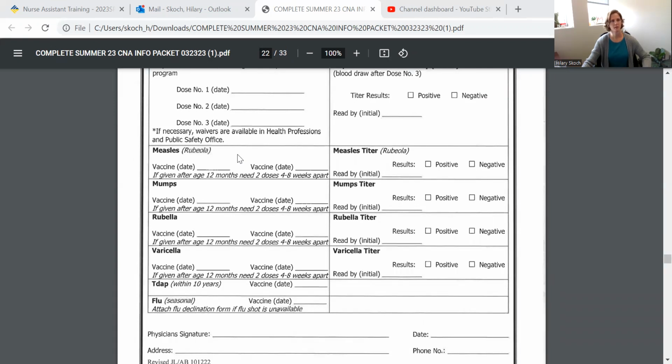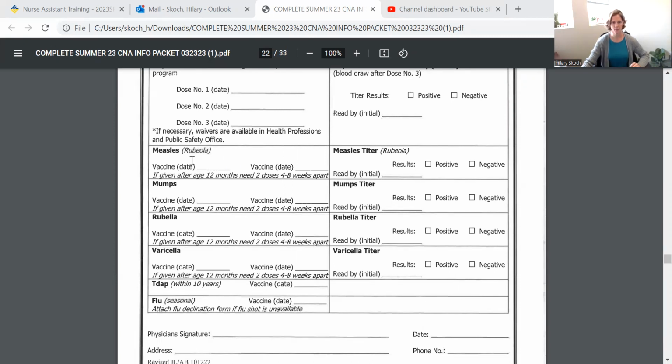So in the case of you get your titers drawn for measles and it comes back negative, that means that you will need to complete the full vaccination series again and get a redraw in 30 days after your full vaccination series to test if you're positive now. Positive on titers is a good thing. That means you're immune to the disease.